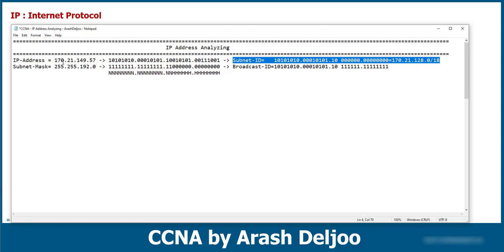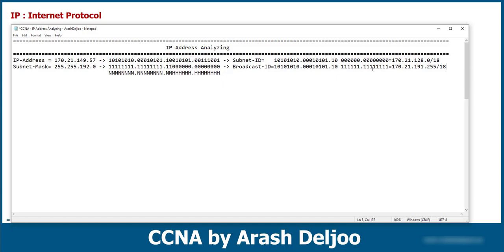This is the subnet ID or network address of this IP address. We will use the network address or subnet ID in the future in the routing courses. After that, for the broadcast address, we can calculate this value: 170, after that again 21. We don't have a change here, and this is equivalent to, you know that the total value is 255. 255 minus 64 is equivalent to 191.255/18.